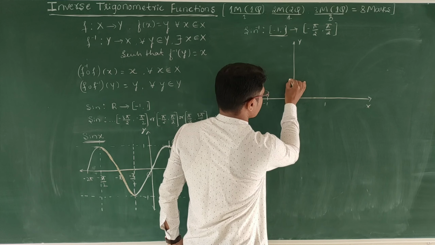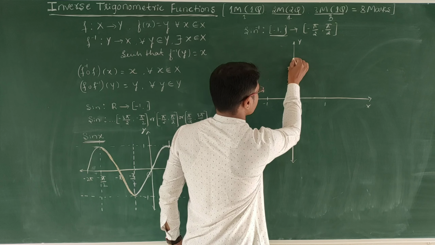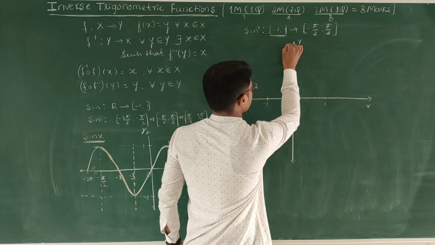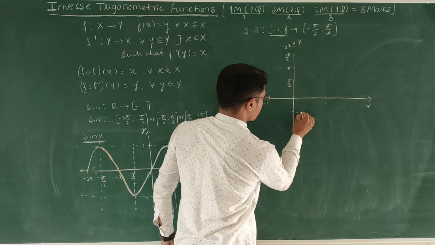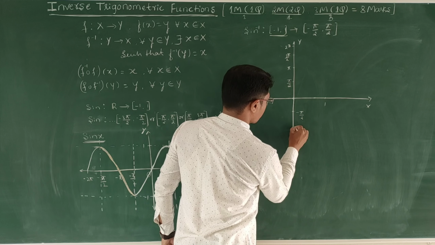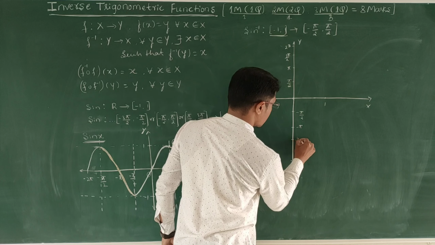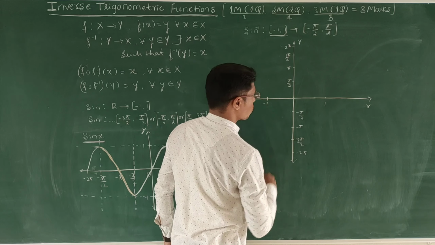This is pi by 2, pi, 3 pi by 2, 2 pi. Okay, then minus pi by 2, minus pi, minus 3 pi by 2, then minus 2 pi.